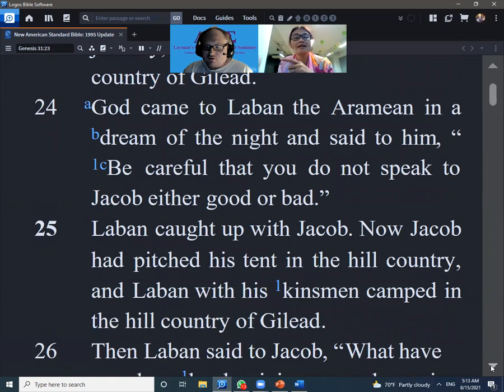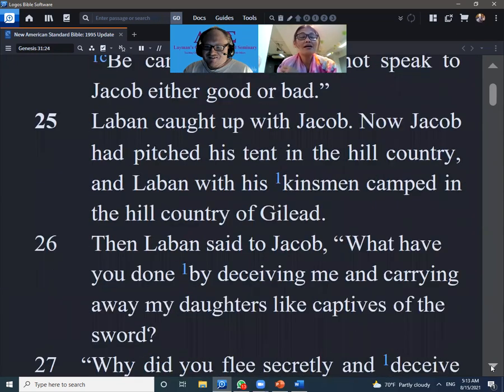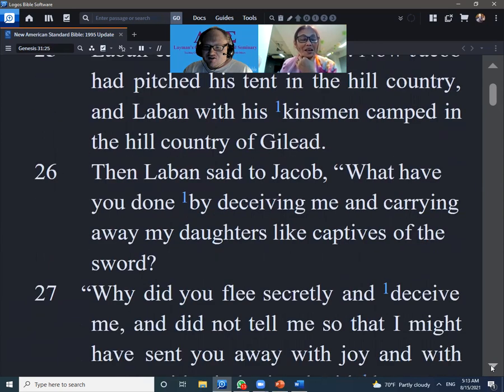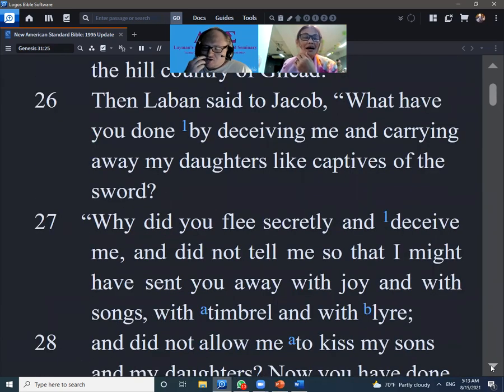God came to Laban the Aramean in a dream of the night and said to him, "Be careful that you do not speak to Jacob either good or bad." Laban caught up with Jacob. Now Jacob had pitched his tents in the hill country, and Laban with his kinsmen camped in the hill country of Gilead. Then Laban said to Jacob, "What have you done by deceiving me and carrying away my daughters like captives of the sword?"